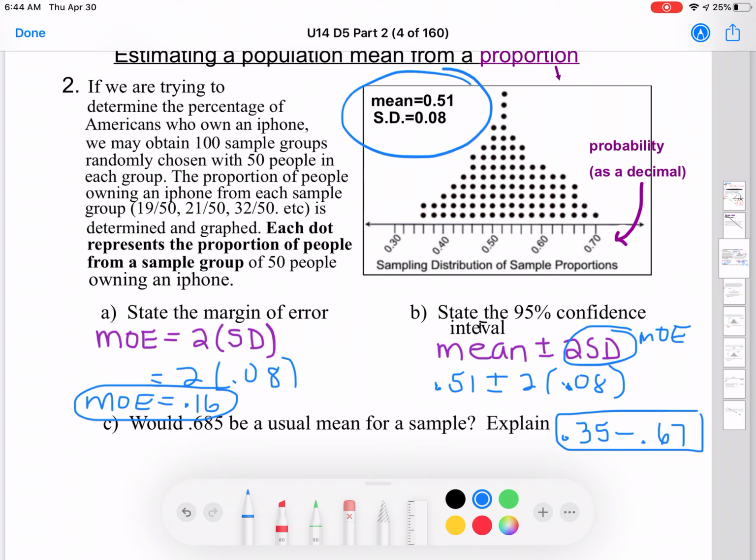So what does that mean? It means that we think that in America, the true real amount of people that have an iPhone is between 35% and 67%.